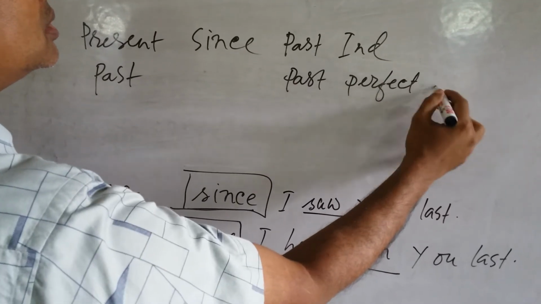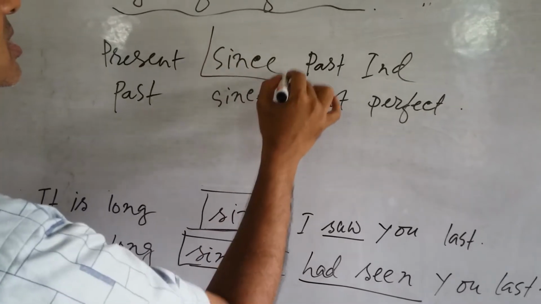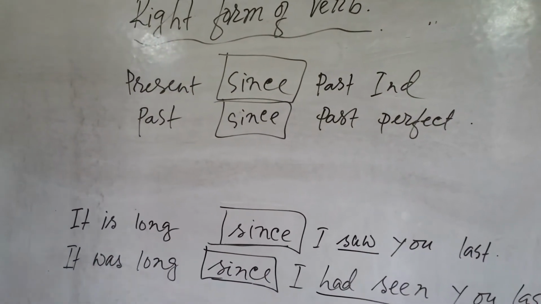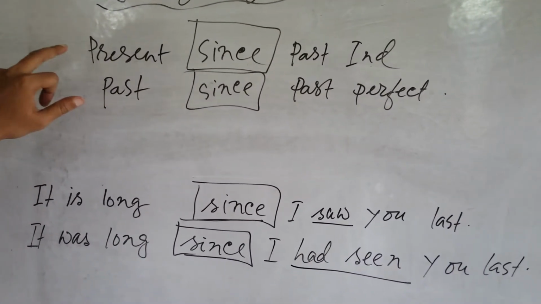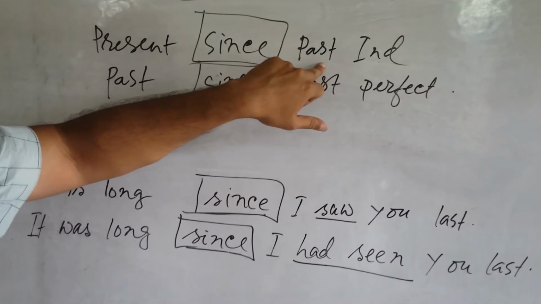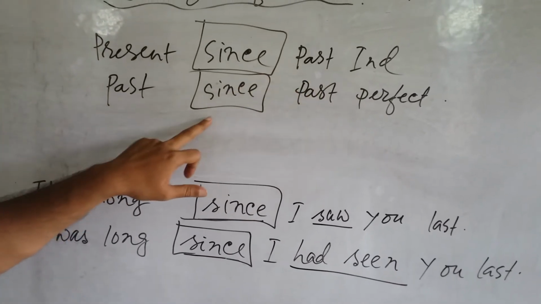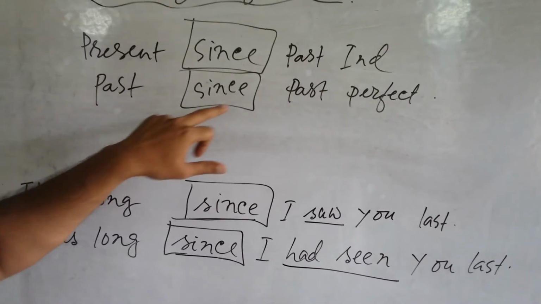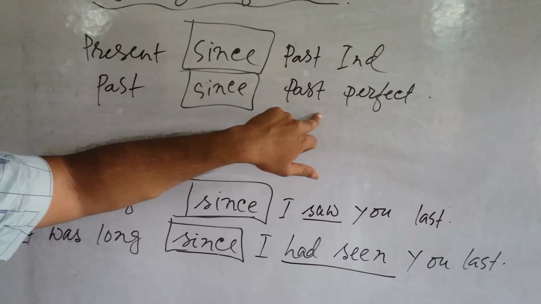It means if there is a conjunction since in a sentence, and the first part or first clause of the sentence is present, then we will use the past form of the verb in the next clause. If the first part is a past, we will use the past perfect in the next clause.